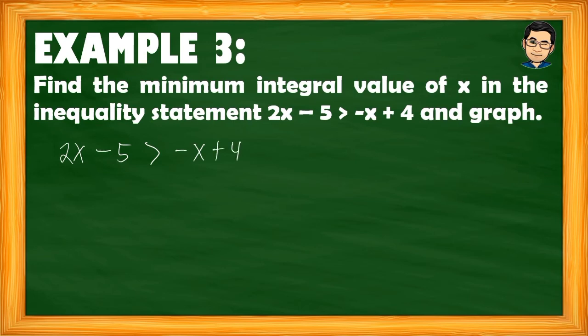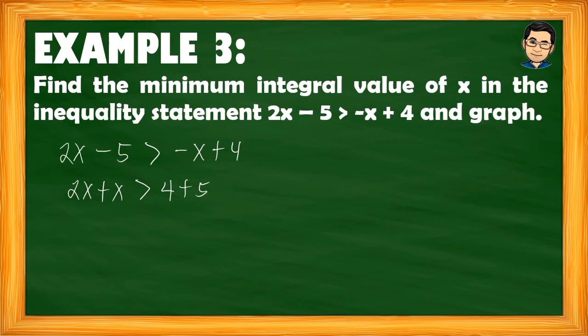Ang gagawin natin, yung negative 5, lipat natin sa right side. Yung negative x, lipat natin sa left side. Okay, so magiging 2x plus x is greater than 4 plus 5. Make sure na kapag nilipat natin, mapapalitan po yung sign.